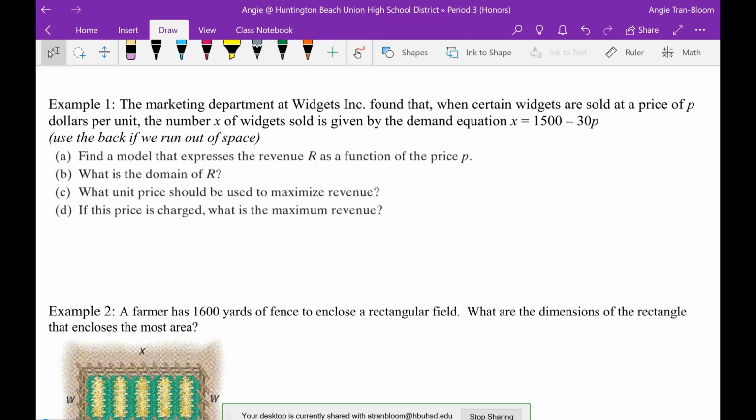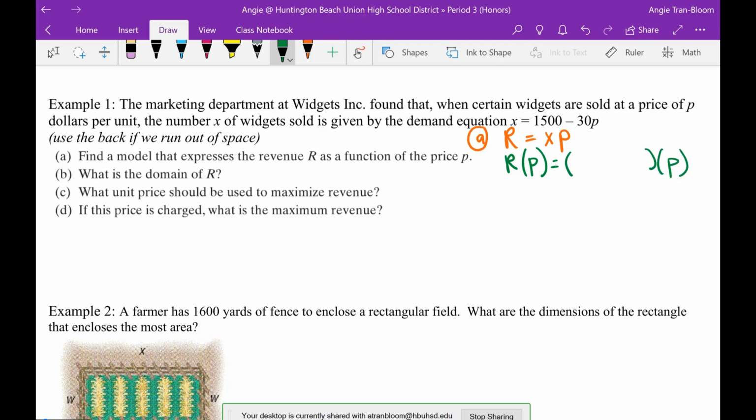So I already gave you a generic revenue model. What was that? R was always X times P. In this case, it doesn't want just a generic revenue. It wants revenue in terms of what variable? P. Okay. Well, I have a P. I also have an X. What are you going to get rid of? X. Okay.